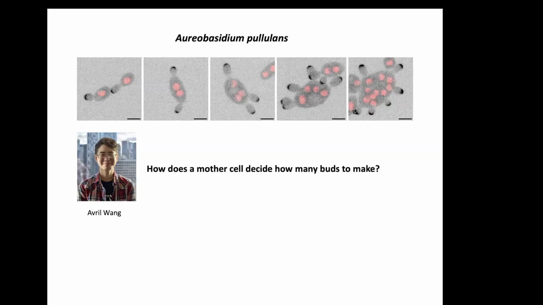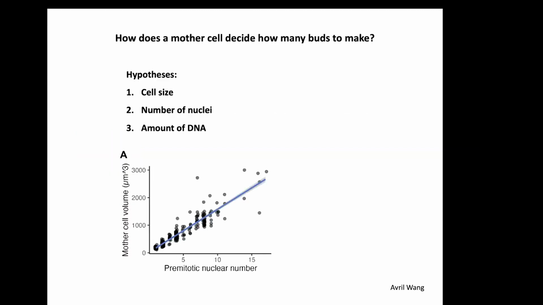Yeah, so how does a mother know how many buds to make? We actually started with 3 theories, one of which is yours. So the hypotheses we had were, okay, one, if you have more nuclei, you're bigger. And with Turing systems, there's a characteristic wavelength, and so maybe the number of wavelengths you could fit into the cell would somehow scale. So size seemed like the most obvious way to do this.